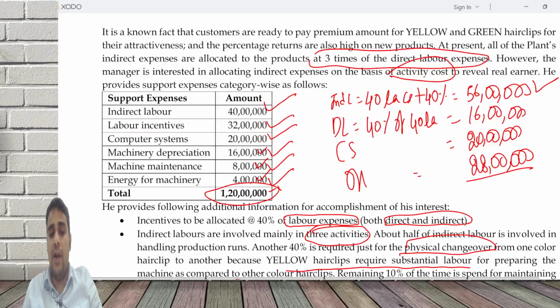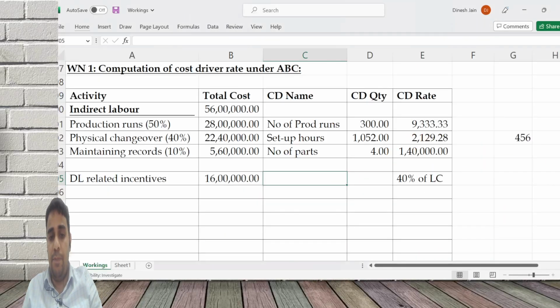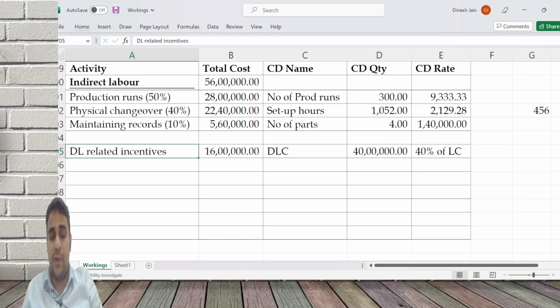How 16 lakh? 40% of 40 lakhs, the direct labor cost. Indirect labor also had 40%; we added that to the indirect labor, the 56. Related to direct labor we are capturing here, DL related incentives.